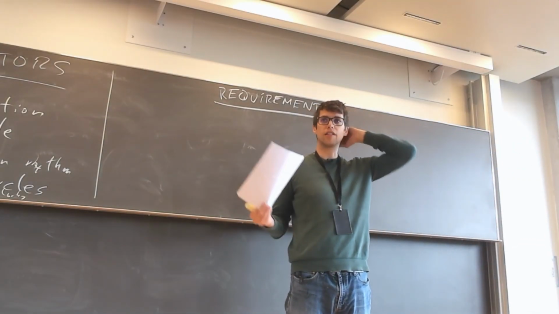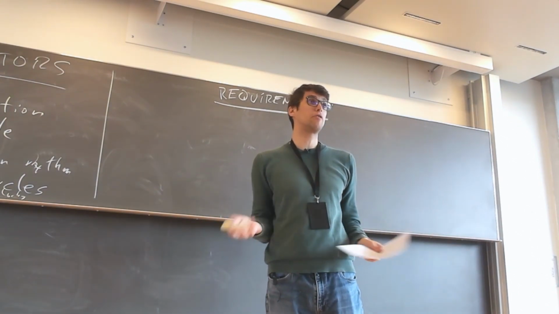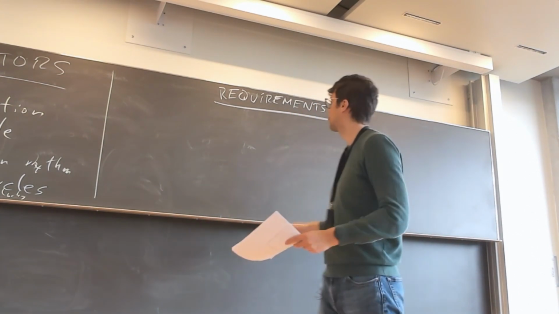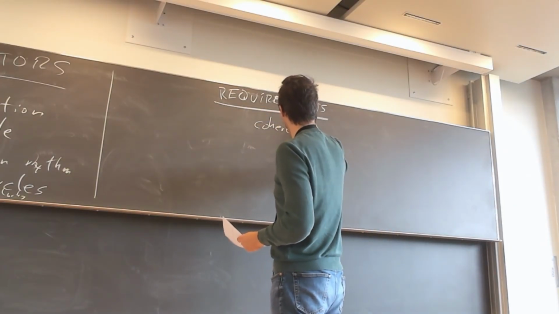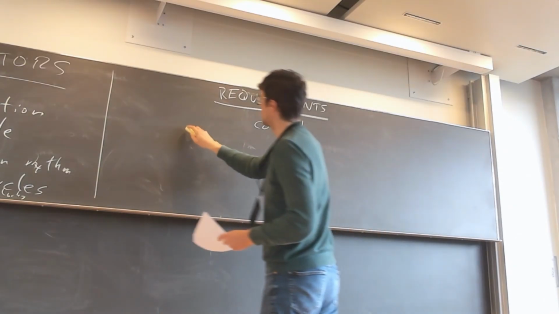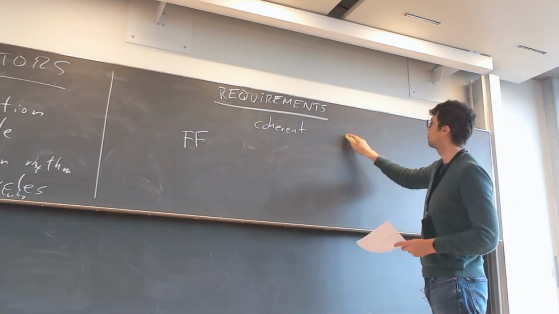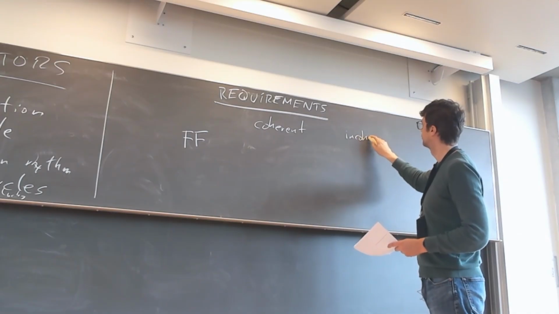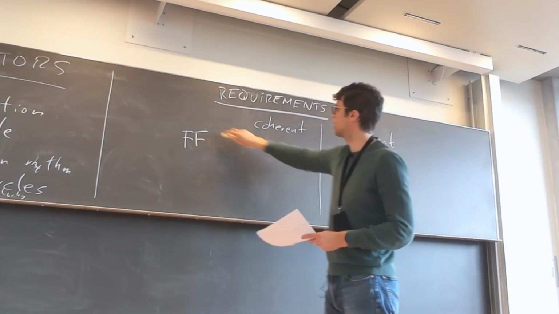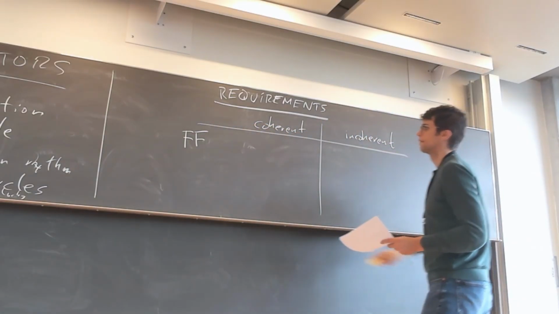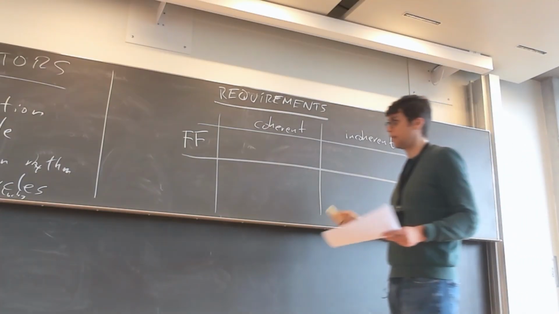Last week, you guys have heard about feed-forward systems and coherent and incoherent feed-forward systems. With incoherent feed-forward, I might just write FF for feed-forward, and incoherent. Let's do a small matrix. So your system might be coherent, might be incoherent.